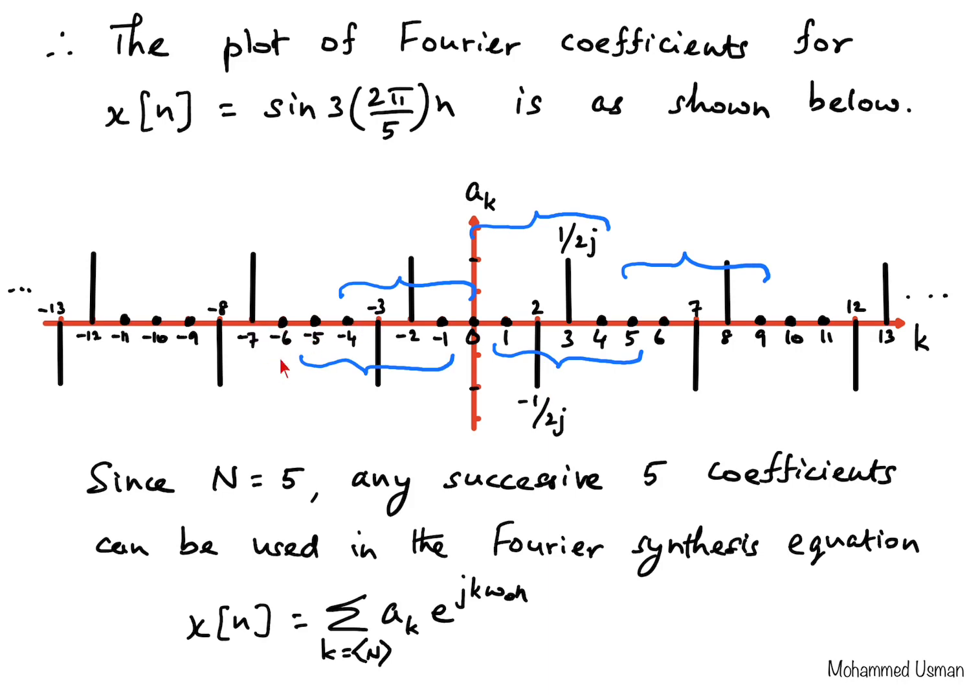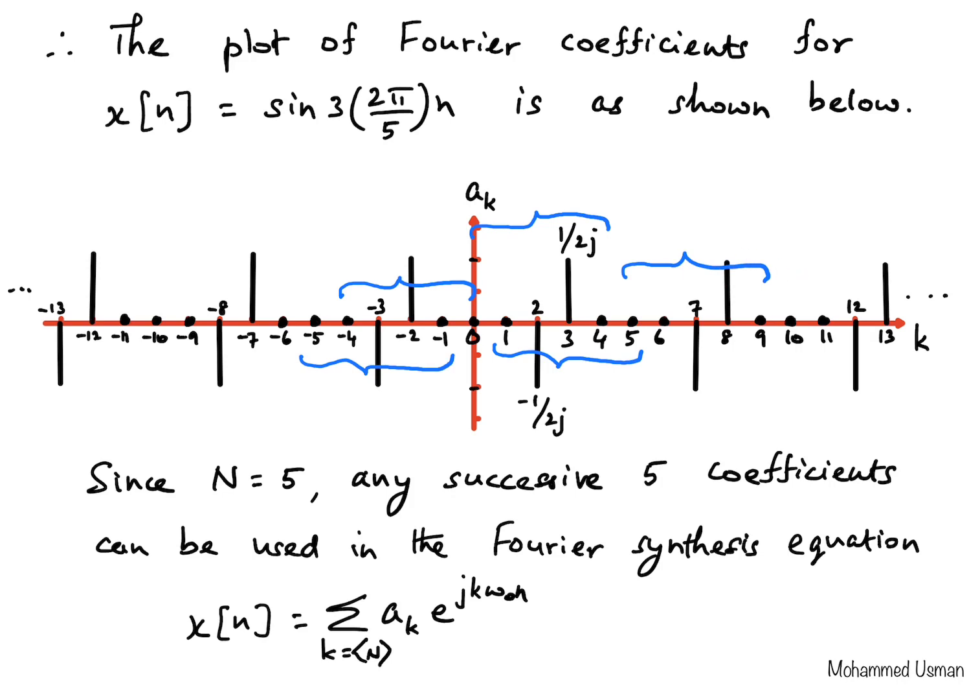Going 5 steps to the left will give us the same minus 1 by 2j. And like that we can continue, and what we see is that these values repeat periodically. In our Fourier series synthesis equation, the summation can be chosen over any n successive values of k. So again, like before, we can go from 0 to n minus 1, that is 0 to 4, or 1 to 5, or minus 4 to 0, or minus 5 to minus 1, or we can go from 5 to 9.